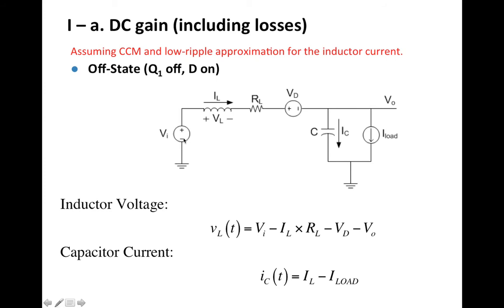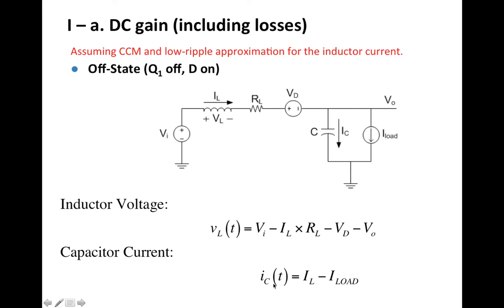During the off state, the diode conducts, and we model that with the forward voltage of VD. So the main switch NMOS is off. In this case, the voltage applied to the inductor is the input voltage applied to the positive terminal minus the voltage on the negative terminal, which is the output voltage, plus VD, plus the voltage drop across this series resistance, which means VI minus IL times RL minus VD minus Vout.